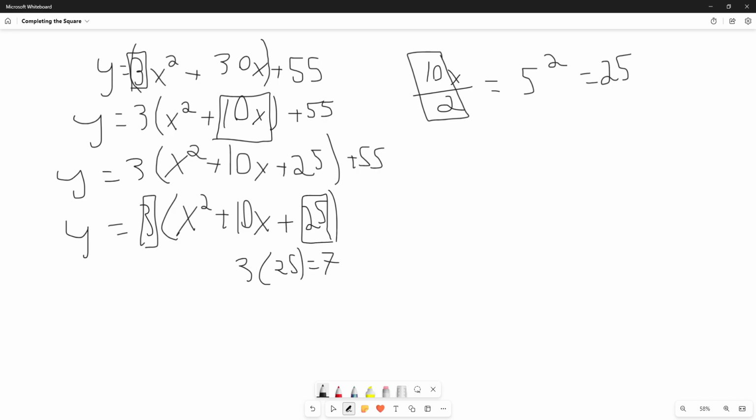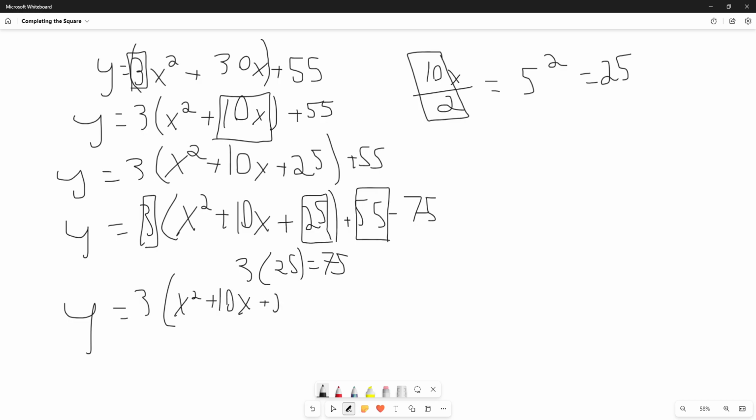We take that 75 and subtract it from this term right over here, which is what we subtracted from, giving us y equals 3 times x squared plus 10x plus 25, and then 55 minus 75 is minus 20.